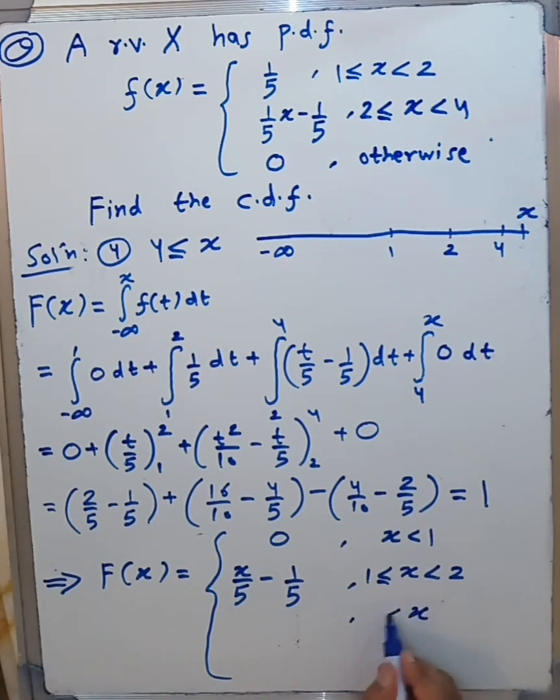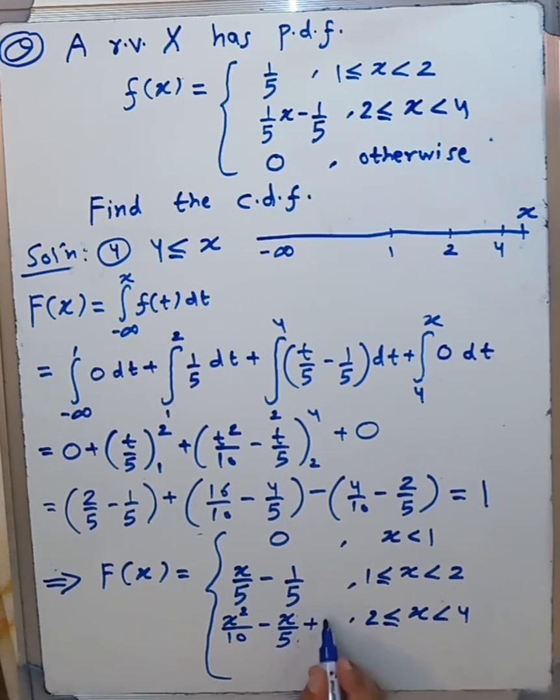When x is between 2 and 4, we have calculated capital F(x) will be x square by 10 minus x by 5 plus 1 by 5. When x is greater than or equal to 4, we have calculated that capital F(x) will be 1.